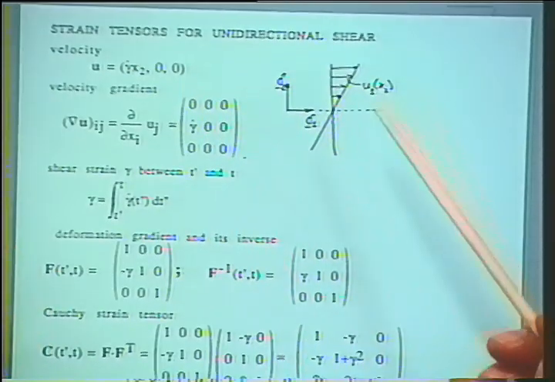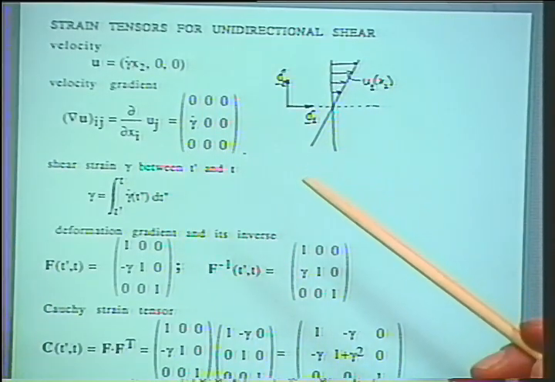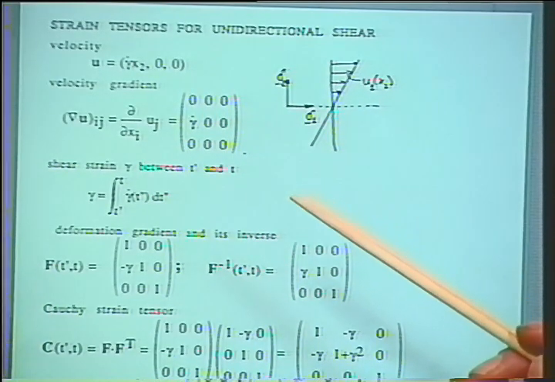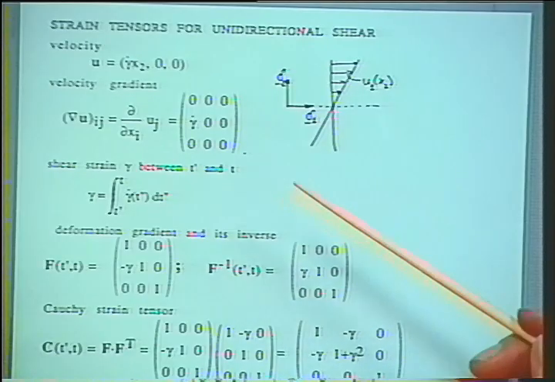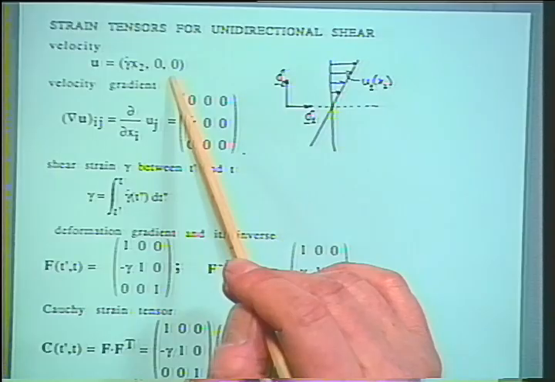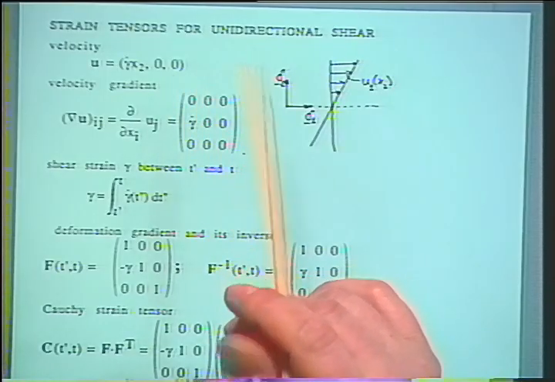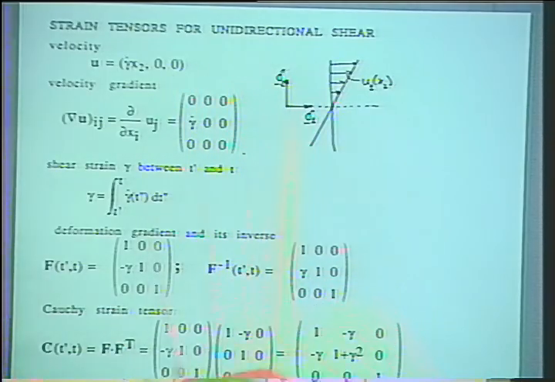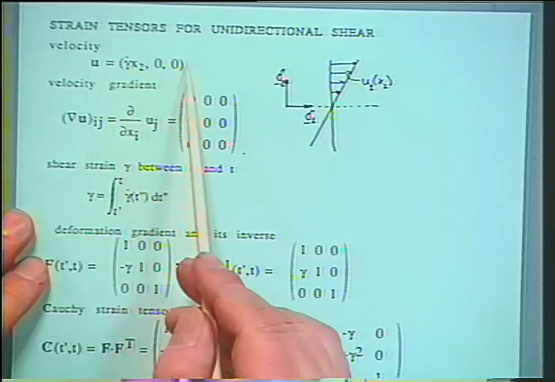You could say a shear flow is a flow for which you can find a coordinate system which reduces the velocity field into those components. You can choose other coordinate systems and describe shear flow also, but then the components will be more complicated. So in all cases, we can reduce the kinematics into this format.